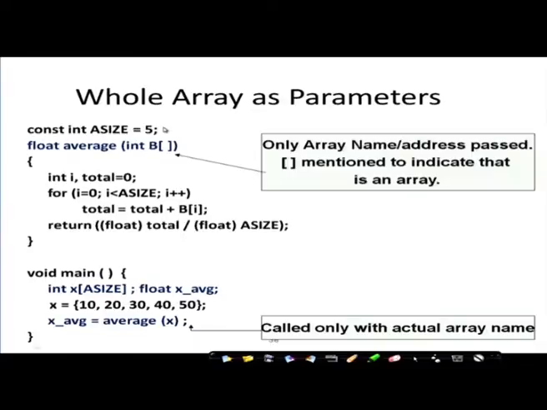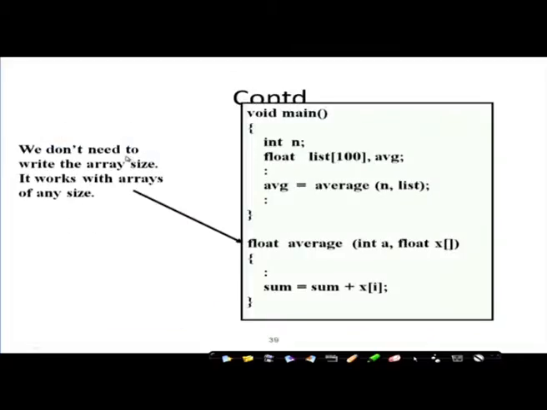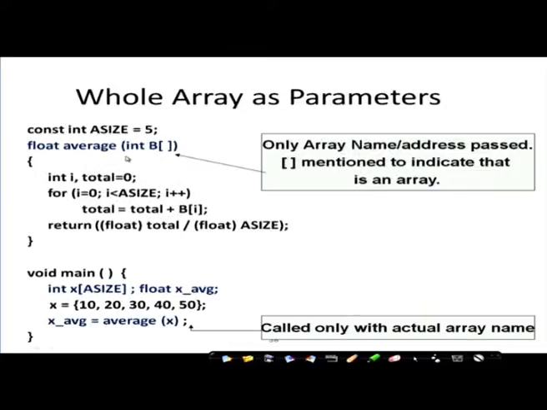Now, float average is a function which is taking as parameter an array B, all right, just the name of the B. Only array name or address of B is passed. Now, this symbol is mentioned to indicate that this is an array, right.